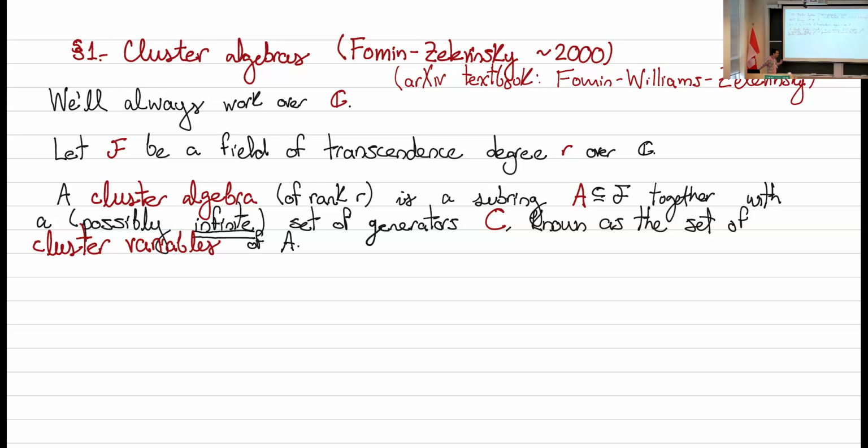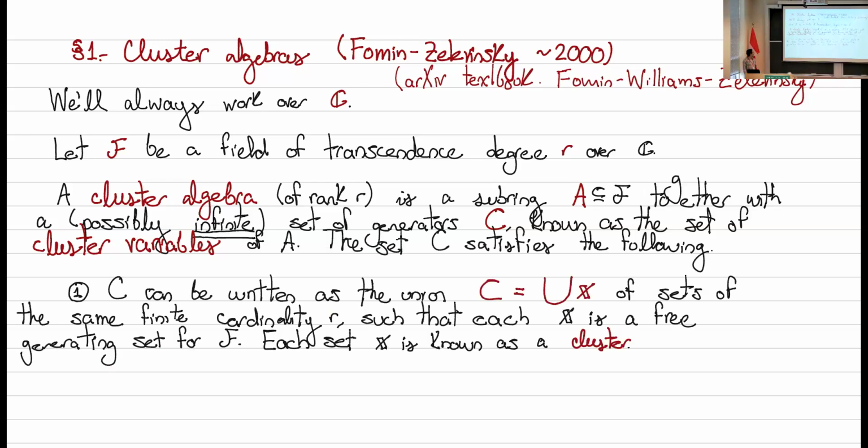This cannot be just any set, otherwise this would be too general. The set C has to satisfy two properties. First of all, C can be written as the union, and I'm just saying union, not disjoint union, of finite sets of the same cardinality, which is equal to the transcendence degree of F over C. Okay?